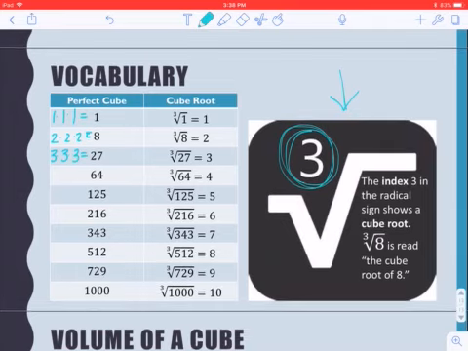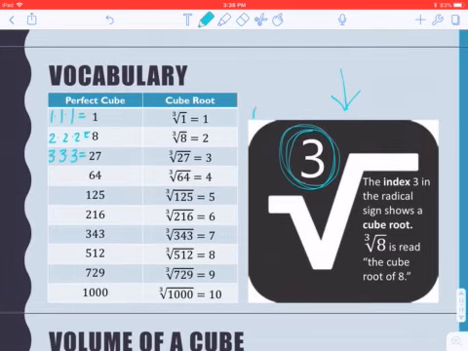Let's take a look at the cube roots real quick. Since the perfect cube of 1 is coming from 1 times 1 times 1, that means the cube root of 1 is 1. The cube root of 8 is 2, since 2 times 2 times 2 gets me 8. The cube root of 27 is 3, because 3 times 3 times 3 is 27.